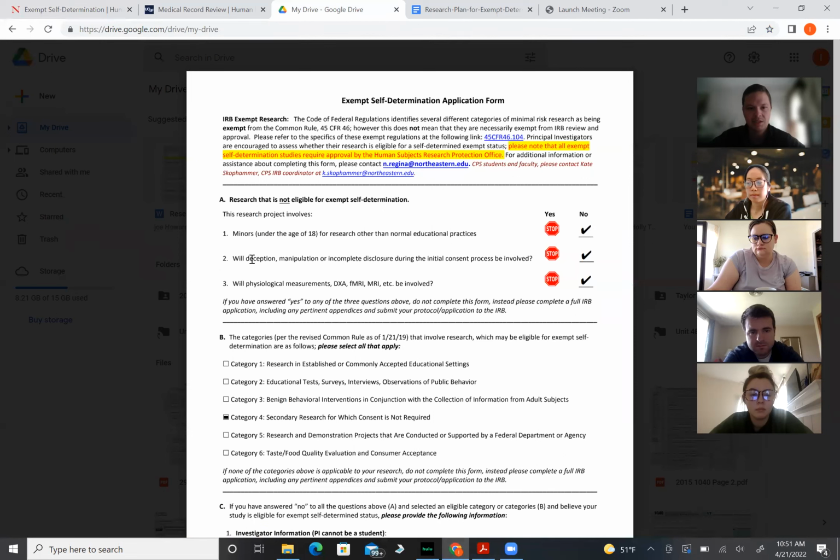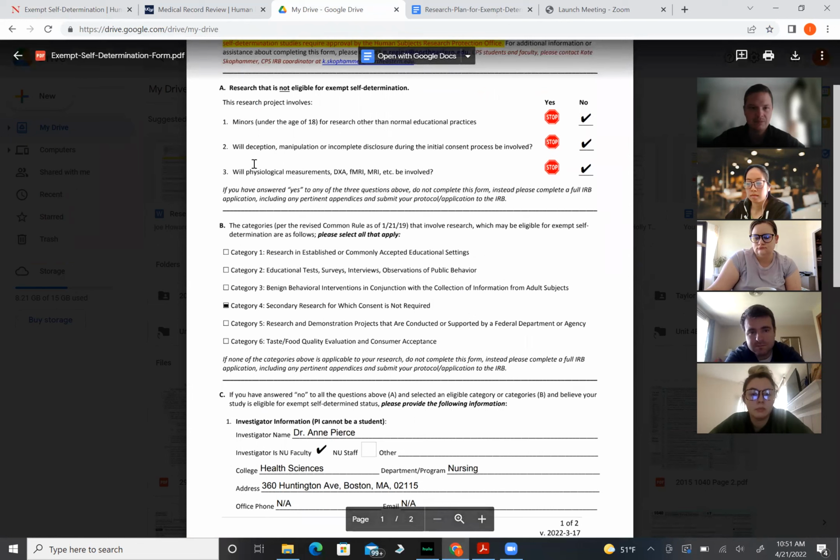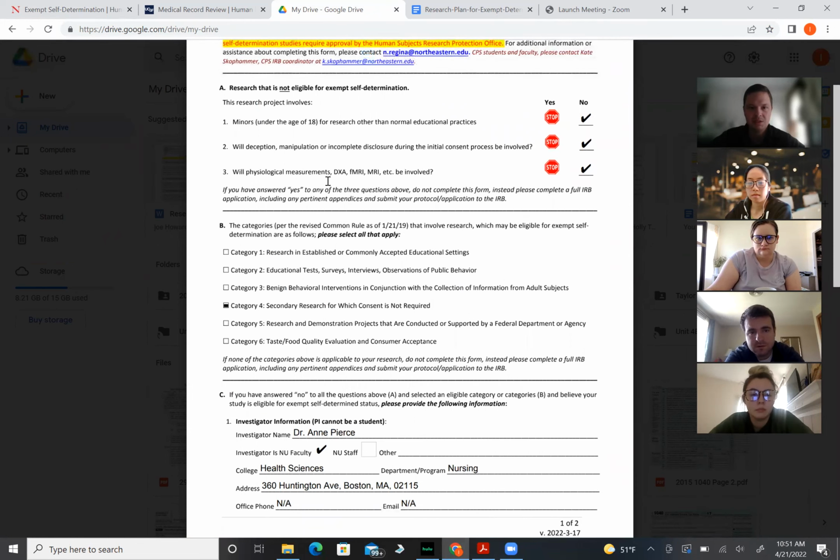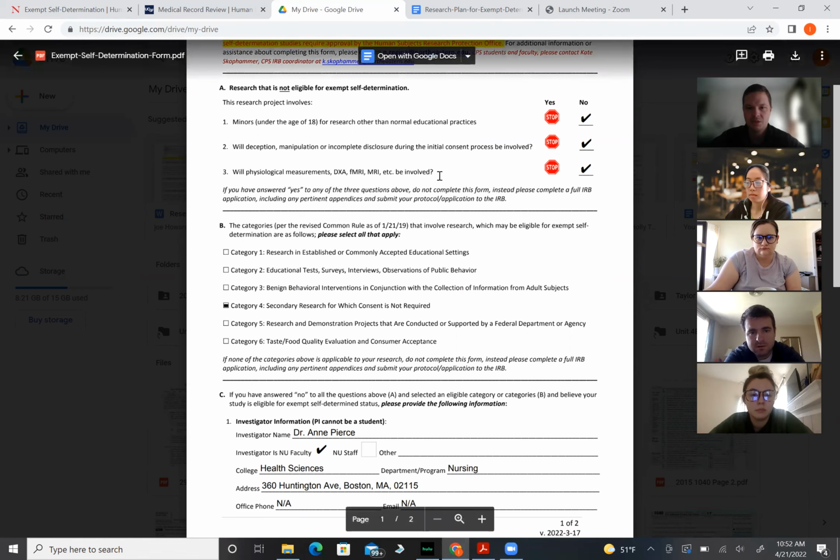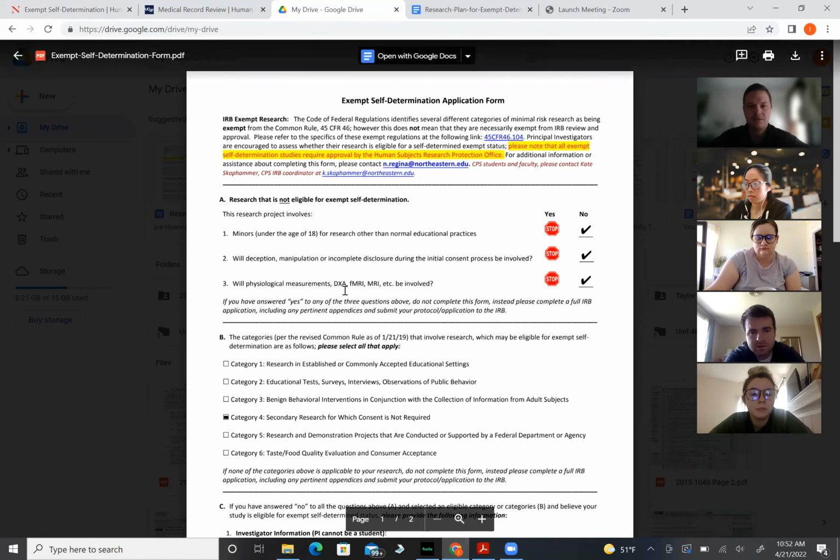The second point is deception or manipulation used in the initial consent process. No. So we would pass that, and then will physiological measurements be used? I got some clarification on this from Andrea because I was a little confused when I read that at first.